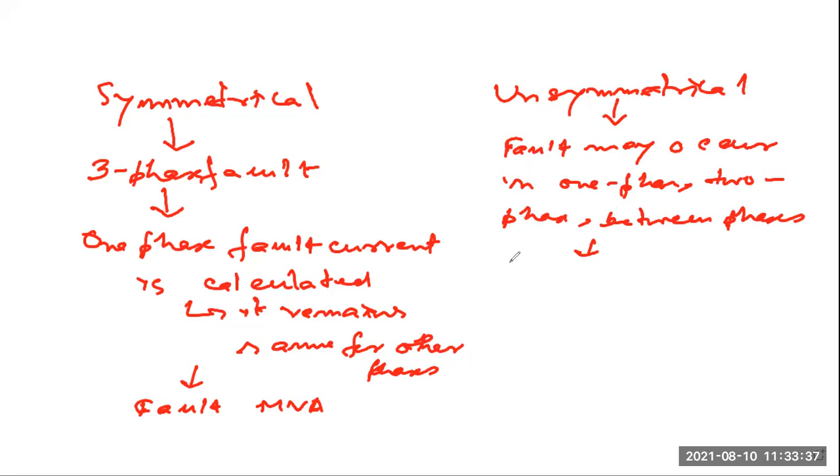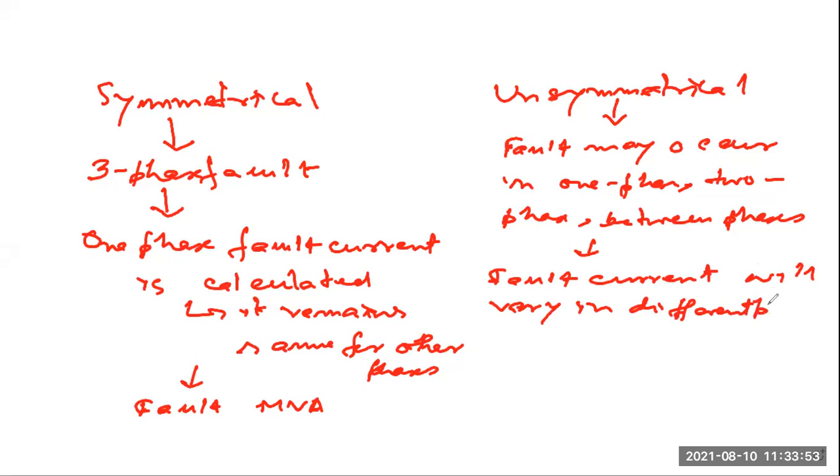And based on that, the fault current will vary in different phases. And obviously the voltage, whether line to line or phase, will also vary.